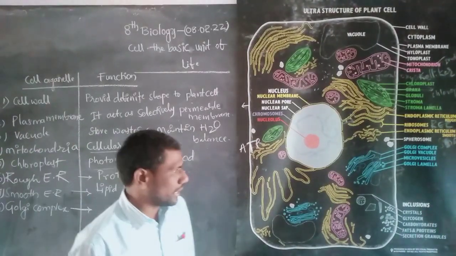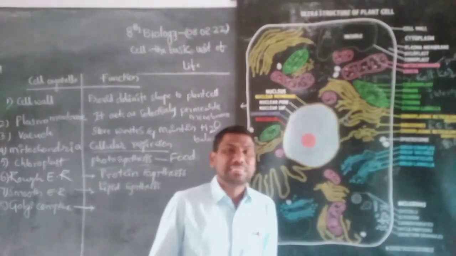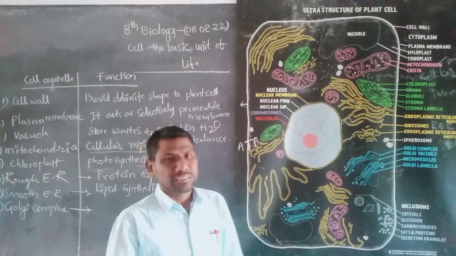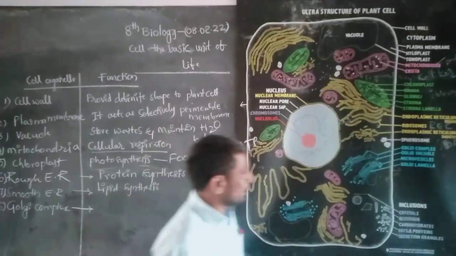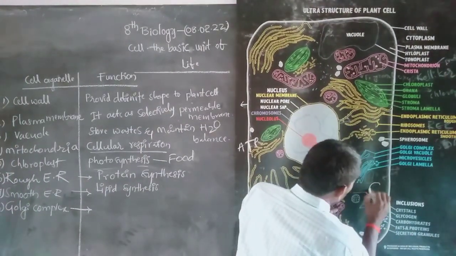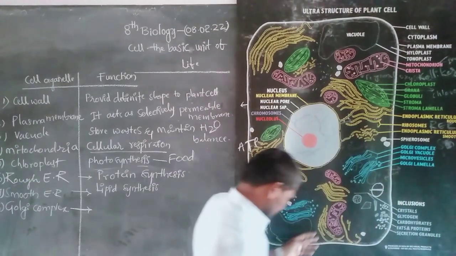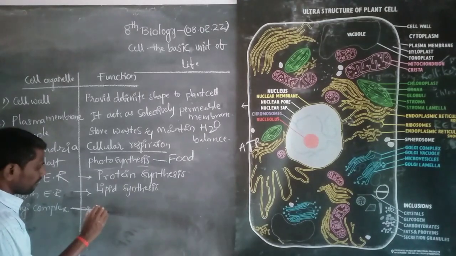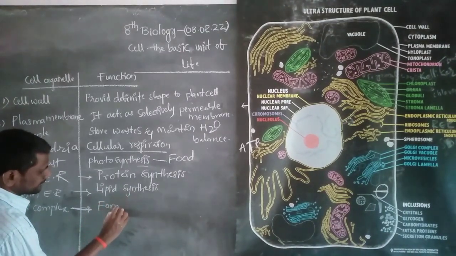During cell division, the Golgi complex releases some chemical fibers. Those chemical fibers lead to formation of the cell plate inside the cell. That's why it participates in formation of the cell plate.